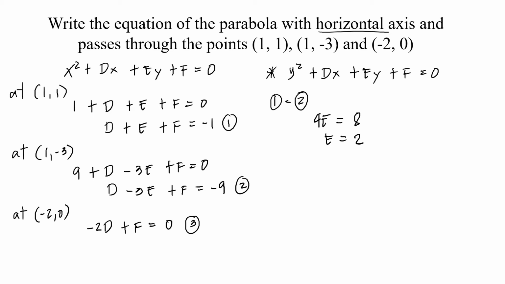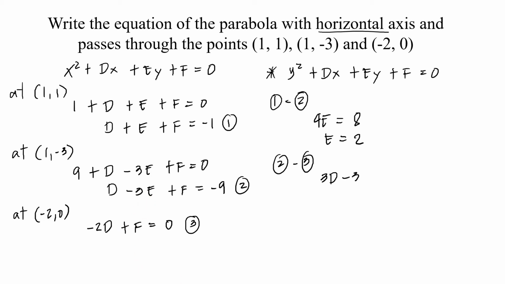This time, let us use equation 2 and equation 3 to eliminate f. So we have equation 2 minus equation 3. d minus negative 2d, that is equal to 3d. Then we have negative 3e.